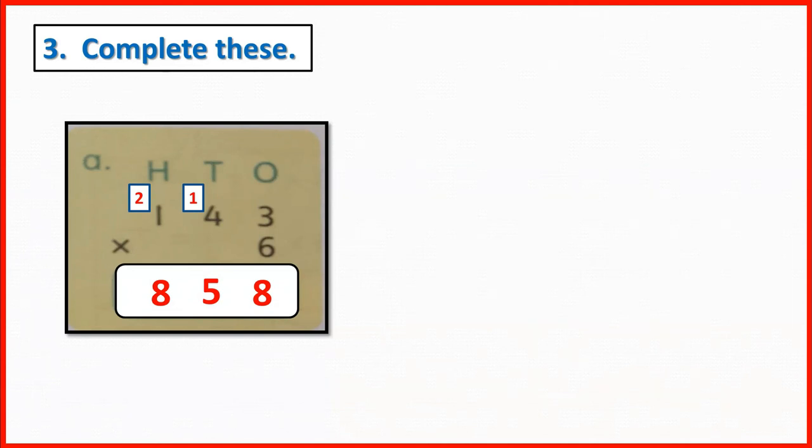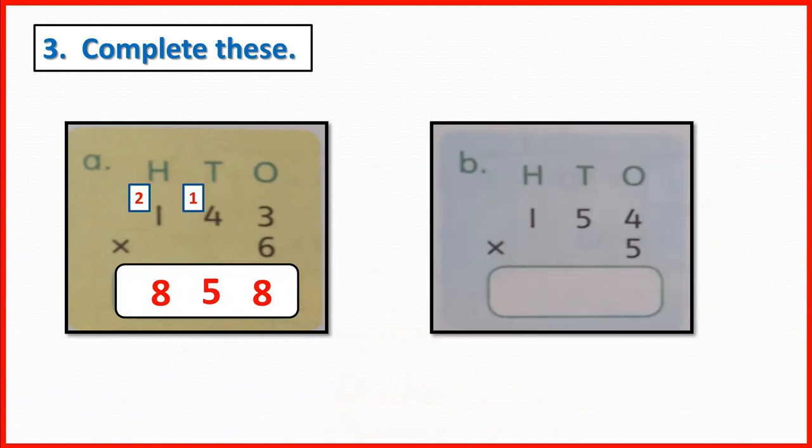Let's do another. Multiply 154 by 5. First multiply the ones. 5 fours are 20. Too many ones. So write 0 ones in the ones column and convert 2 tens in the tens column above 5. Now multiply tens. 5 fives are 25. And remember to add 2 tens converted from the ones. 25 plus 2 equals 27.